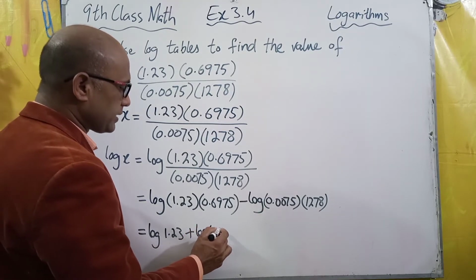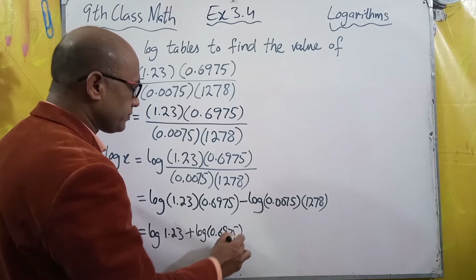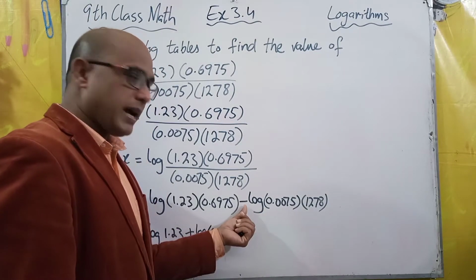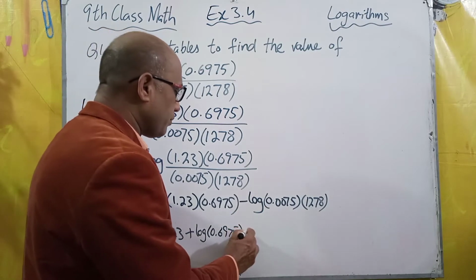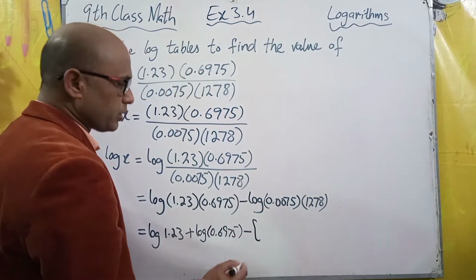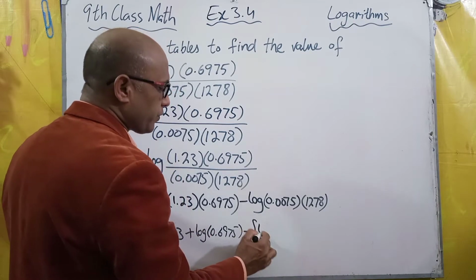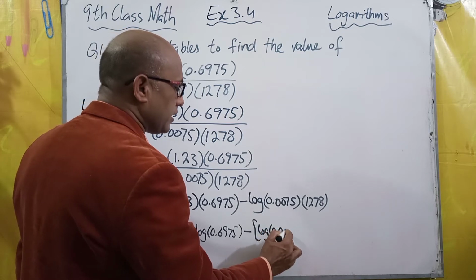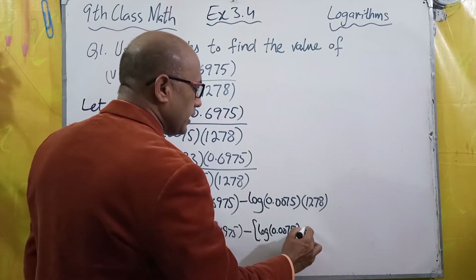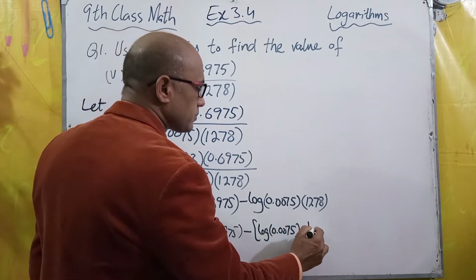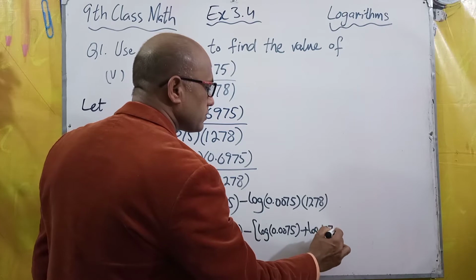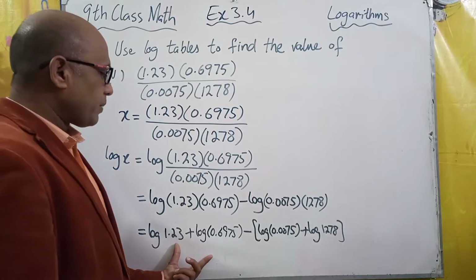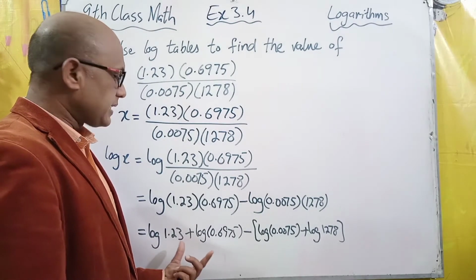It is 0.6975, and then, because there is a minus sign here, we'll put a large bracket here and apply the first law of logarithm, and it will be written separately with the log, and there will be a plus sign here. Now we have applied both the laws, first and second.